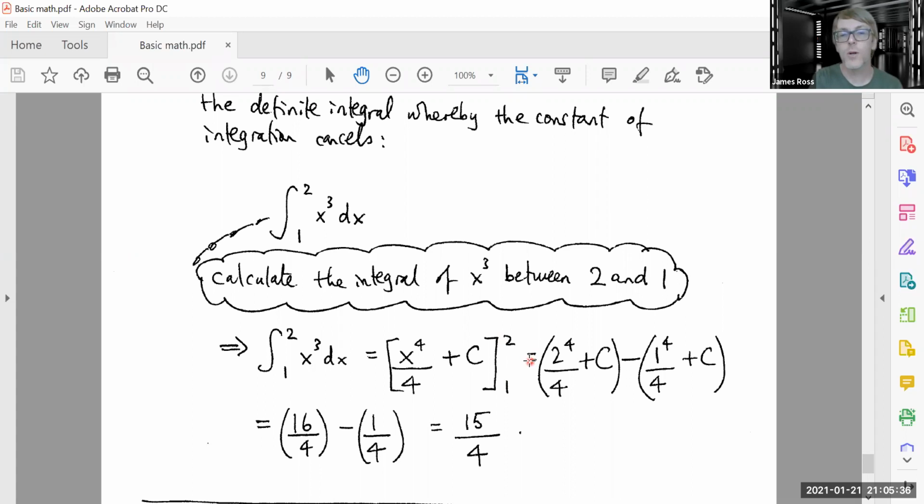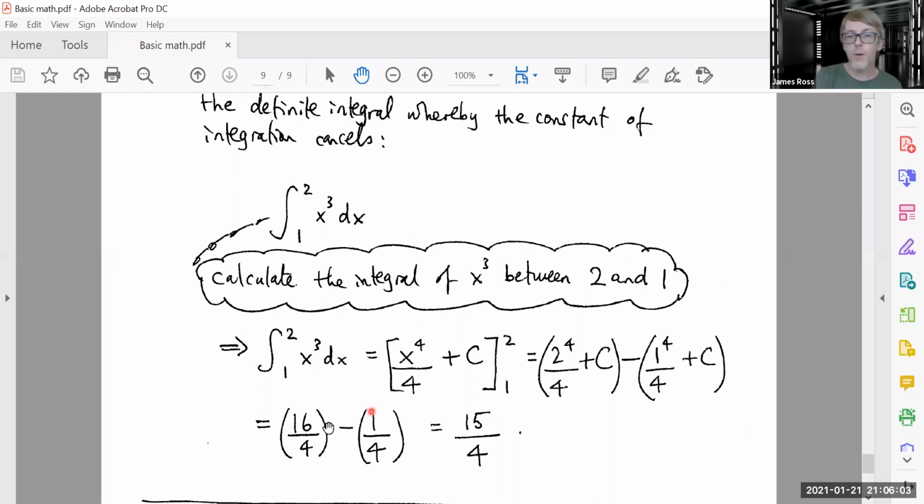So that would equal, well, when we take the bigger limit and we subtract the smaller limit from it. So x between the limits 2 and 1 means take x when it's equal to 2. So we just insert a 2 here, and then we subtract the same argument when x is equal to the lower limit 1. So it becomes this argument here.